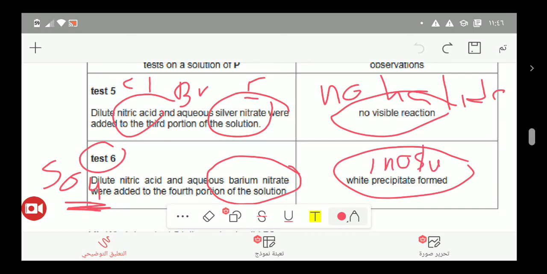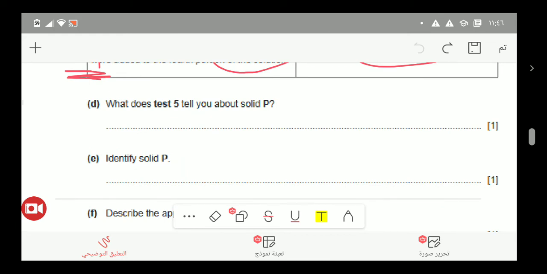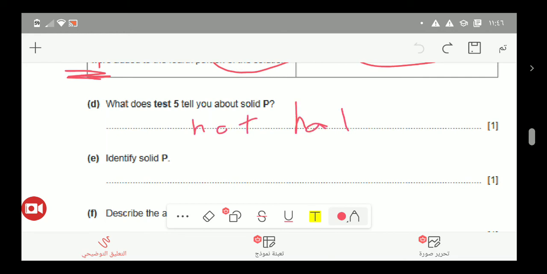So, what does test 5 tell you about solid B? It is a sulfate group, SO4, not a halide, as I said, because of barium sulfate formation.